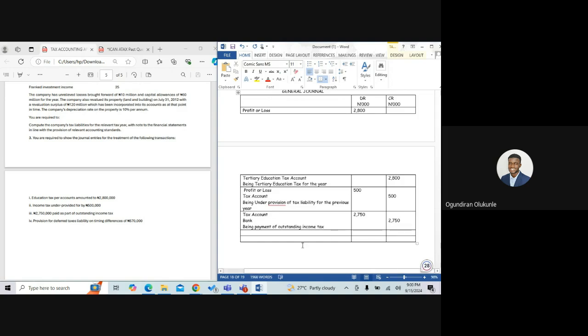And finally, you have provision for deferred tax liability. You debit profit or loss with 570, then you credit your deferred tax account with 570.